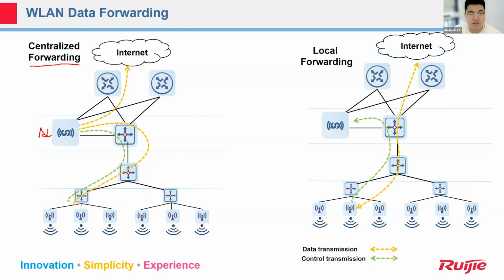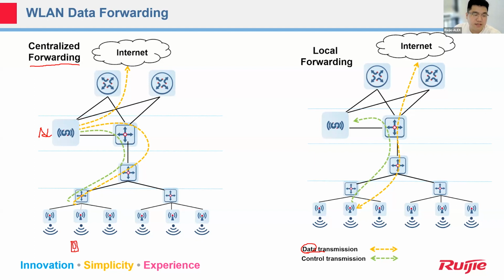And centralized forwarding means all the traffic will be forwarded to the AC. Here we have two types of traffic. We use two different colors to represent them. The yellow one means the data transmission. For example, these APs have some STAs.